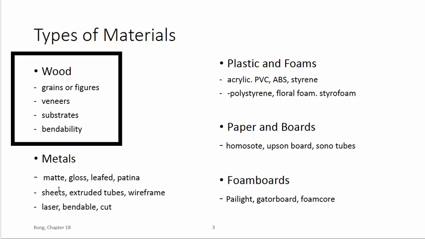And next, metals. I'm not sure anyone actually used metal, but you can always do that digitally. With metals, there are also so many kinds. Depending on the finished surface, it's divided into matte finish, glossy finish, and patina, and metals can also be divided by shapes, as sheet or extruded tubes and wireframe.